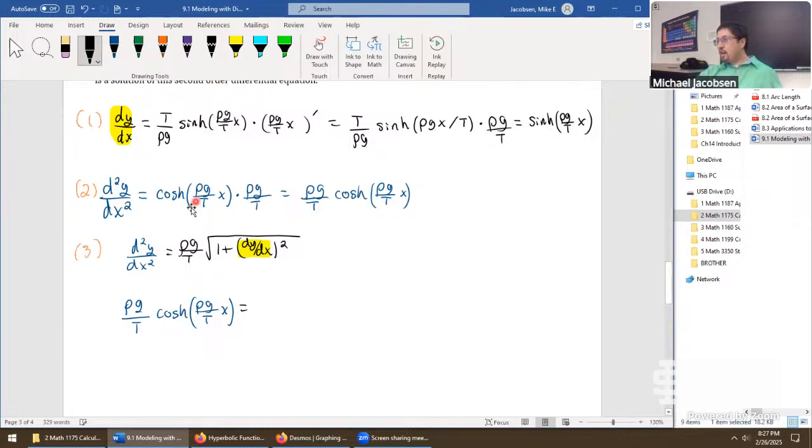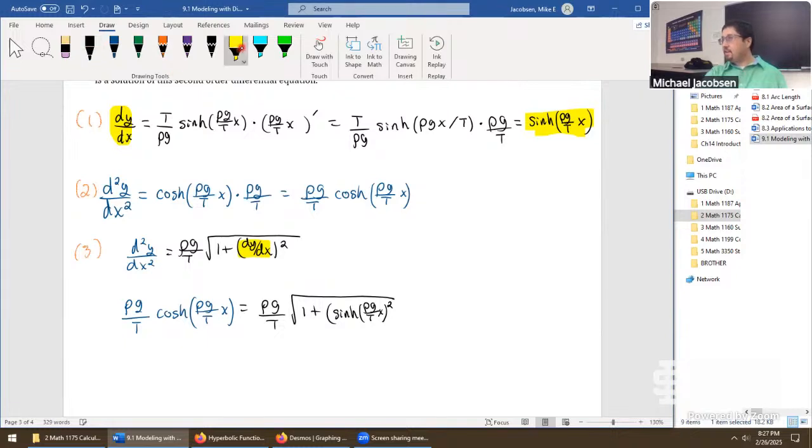On the right hand side, we're copying in until we get to the yellow. Rho gt root 1 plus. Here's our last substitution. This whole thing just drops right in. Sinh rho gt x squared.